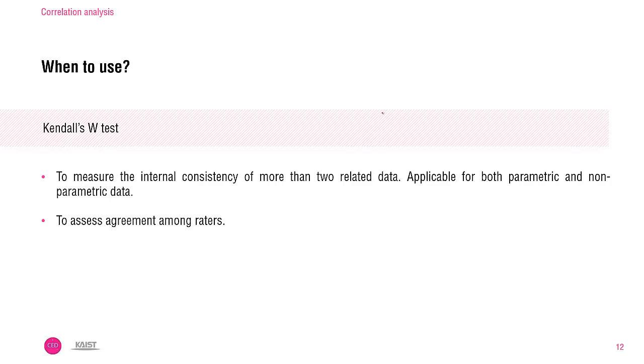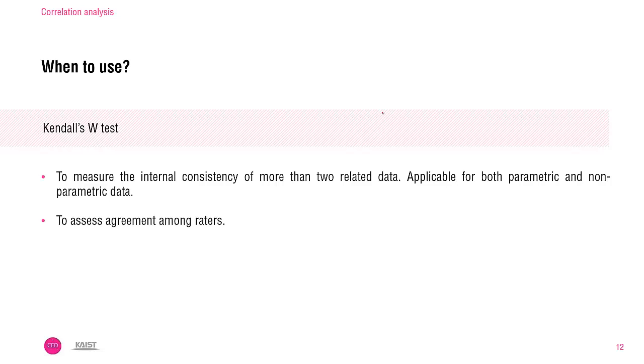And they will answer, and you will get the mean ranks. But you are not yet sure whether the mean ranks are really representing, in other words, whether there was really a concordance or agreement between the rating people.